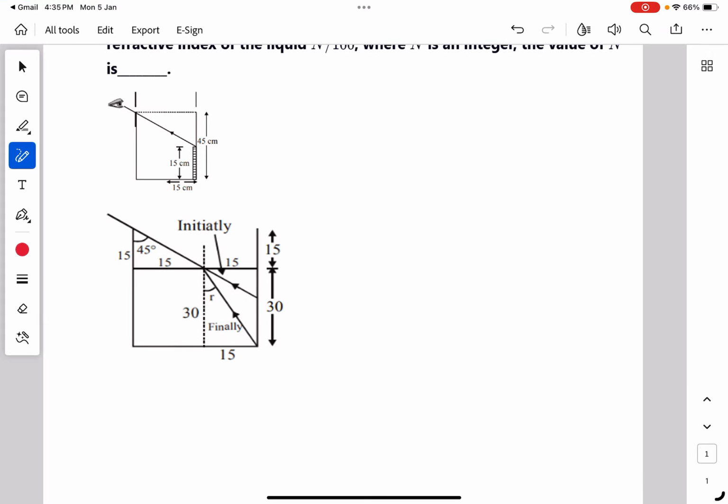There is a hole in the jar at a height of 45 cm from the bottom. An observer through this hole can see a point P inside the jar, which is located at a height of 15 cm from the bottom.